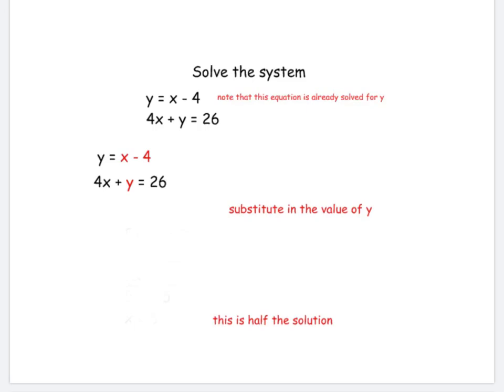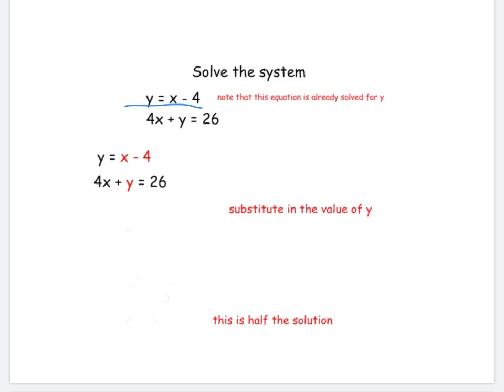So when looking at an equation system just like this, it is appropriate to use the substitution method because step 1 is already done. You have one of the equations already solved for y. This equation here is already solved for y.